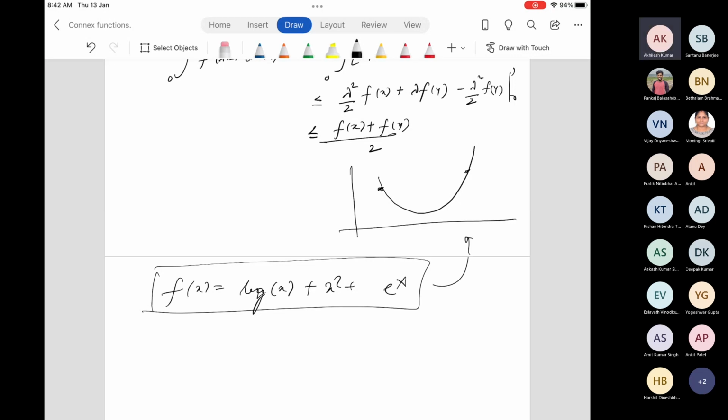How many possible points are there on this function? There are many points. So it is difficult to pick those 2 points, right?